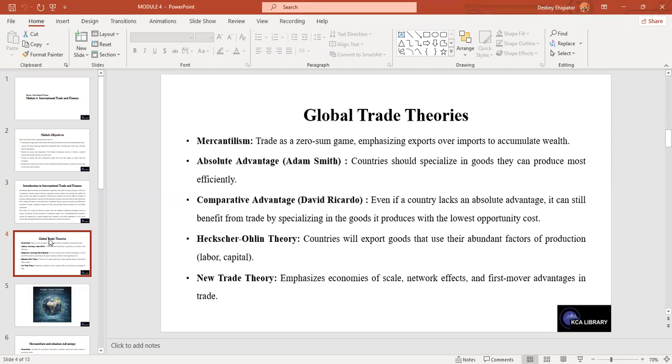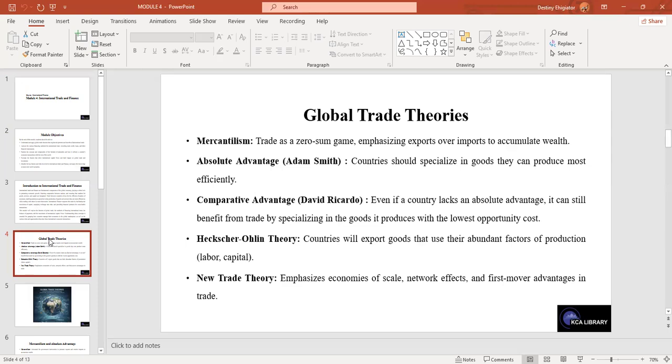Even if a country lacks an absolute advantage, it can still benefit from trade by specializing in the goods it produces with the lowest opportunity cost. That's what this theory said.